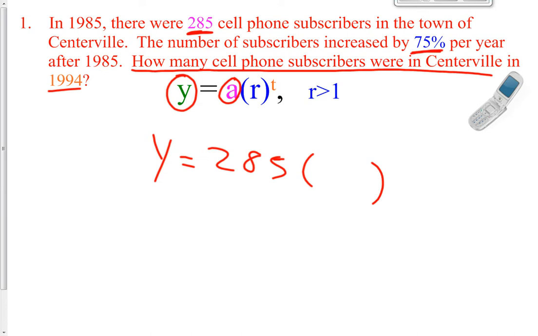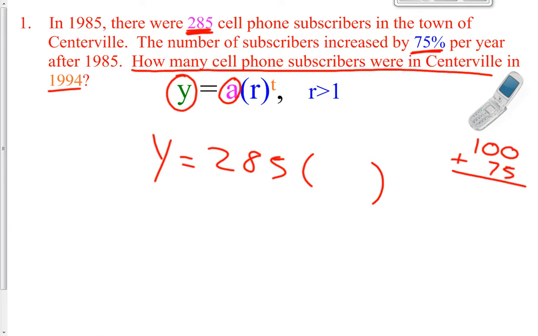The reason why is because in 1985, there were 285 cell phone subscribers, and then the next year, all 285 of those cell phone subscribers still had one, but then 75% more were added on to that. So it's kind of like 100% of the cell phone subscribers in 85 also had it in 86, and then there was 75% more.